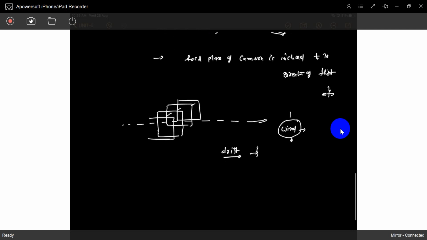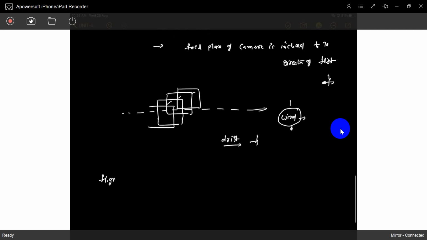The conclusion is flight planning. What is flight planning?